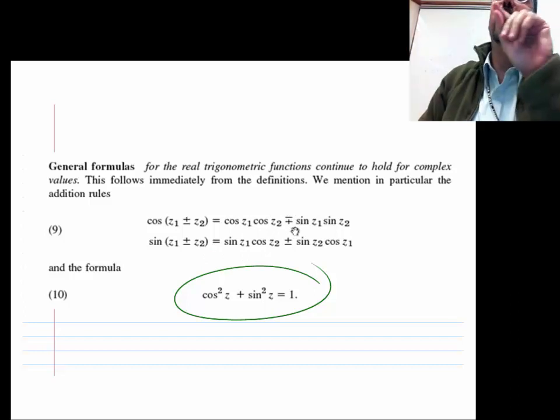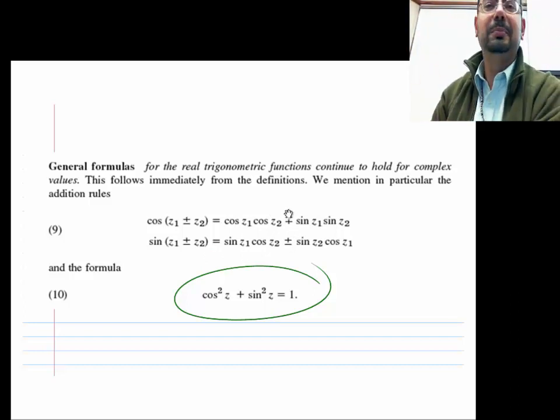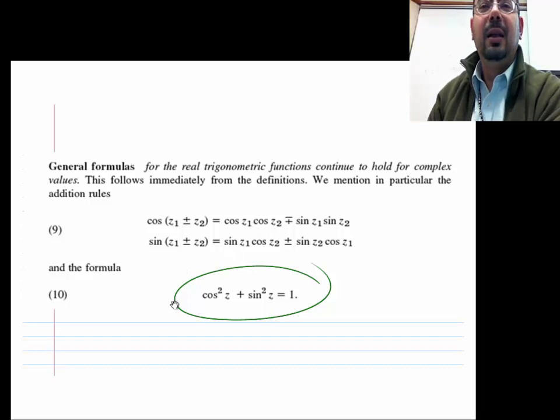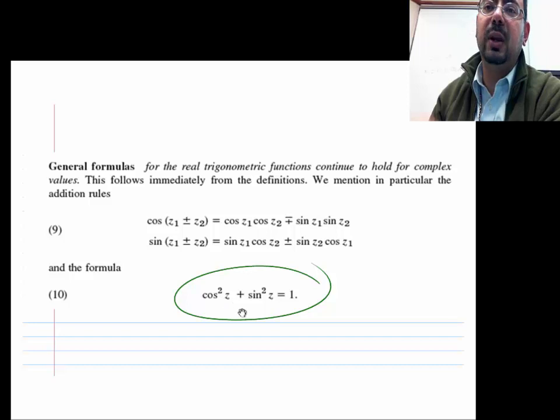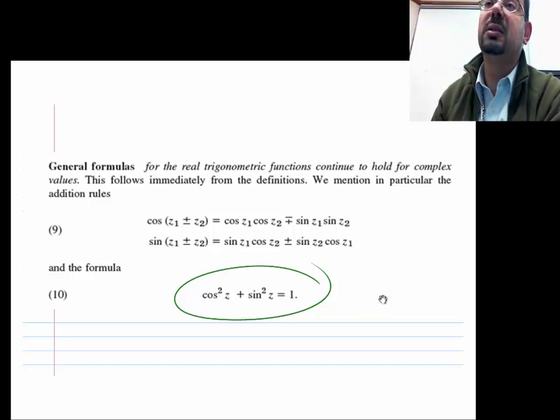You not only have to remember the format, you have to remember the sign too, and how the sign gets flipped. As a result, you can actually say cosine squared z plus sine squared z equals 1 even for complex numbers. So that's nice.